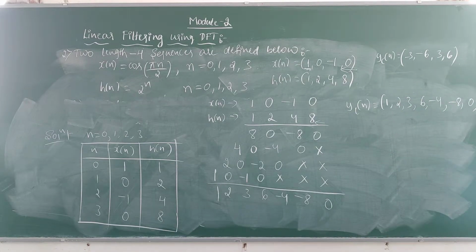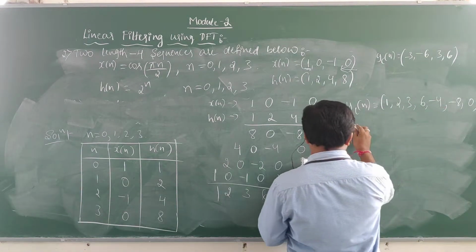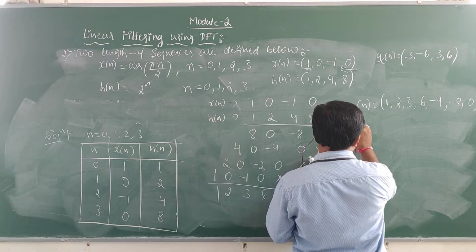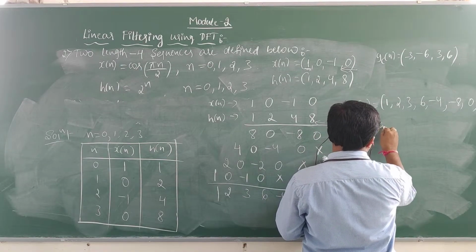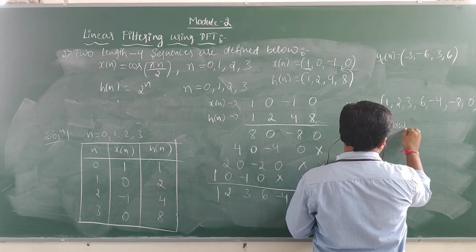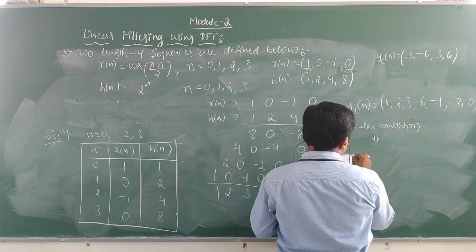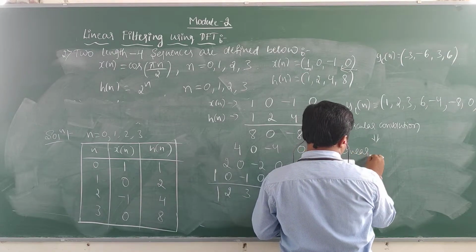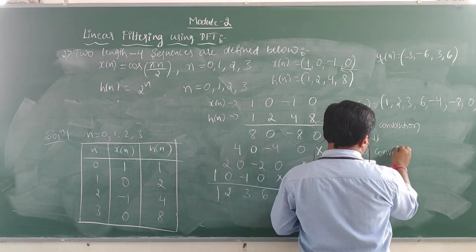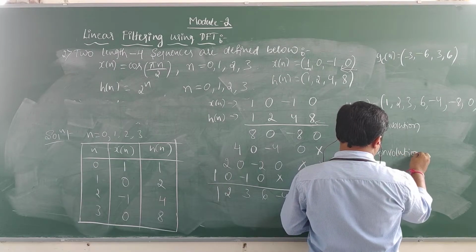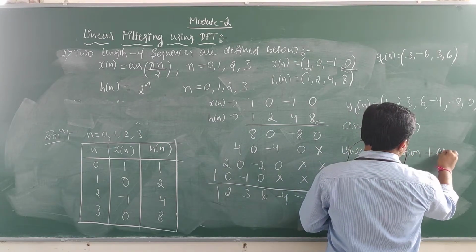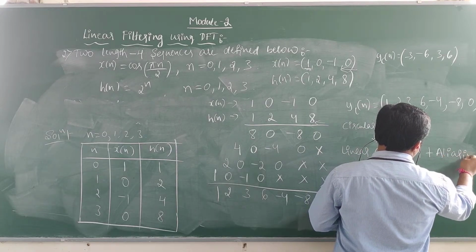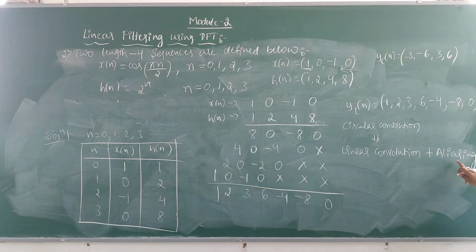Circular convolution is nothing but linear convolution plus aliasing. So circular convolution is equal to linear convolution plus aliasing.